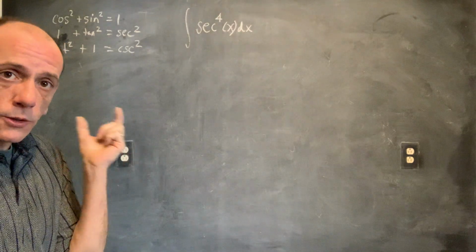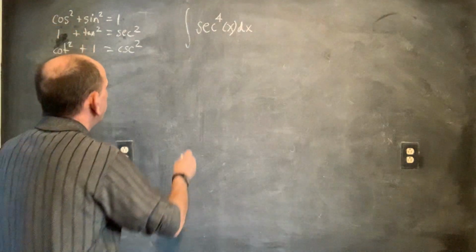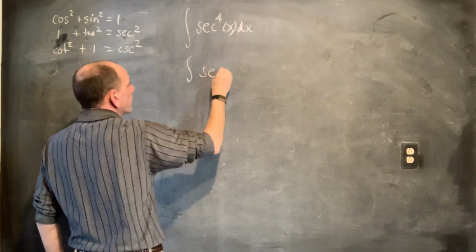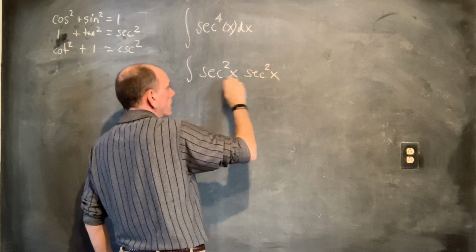Seems the only thing I can do is pull a secant square out to convert, because I need a secant squared for my formula. So I've got one secant squared and then another one that I'm pulling out so I can convert this.